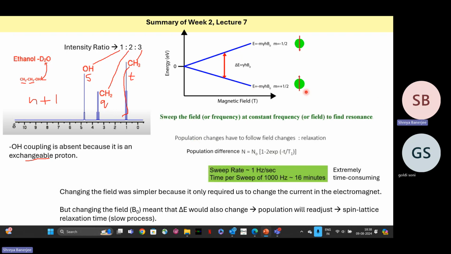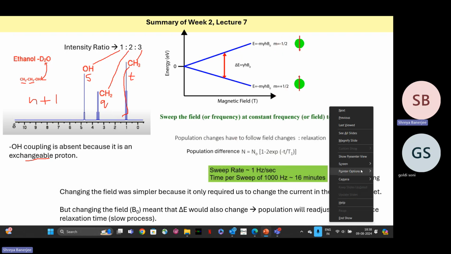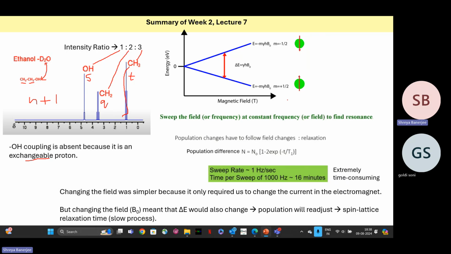Now we look at some other properties of the NMR spectra. So we know that in the presence of an external magnetic field, if the I is half, then you will have two energy levels, plus half and minus half. Now, these two energy levels, which we have called alpha and beta, the population in these energy levels will be different.